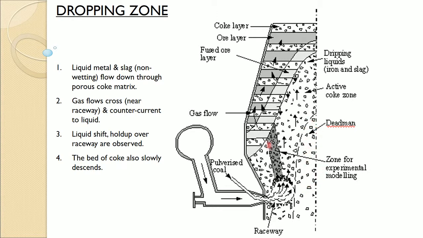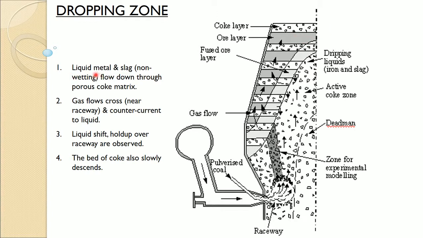And this gives more mechanical support, of course, the dead man. So, this is a very complex part in terms of aerodynamics of the blast furnace, because this part dictates how the gases are going to distribute in the upper part of the blast furnace, which is important for the reduction.